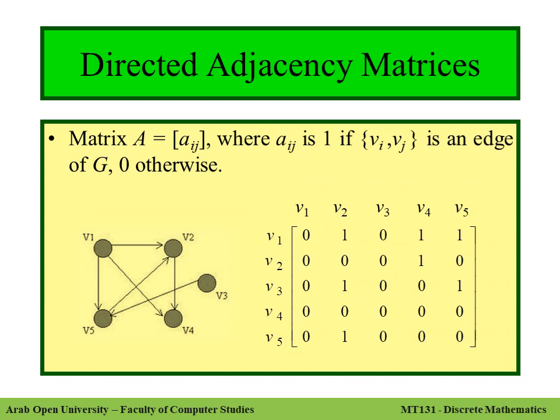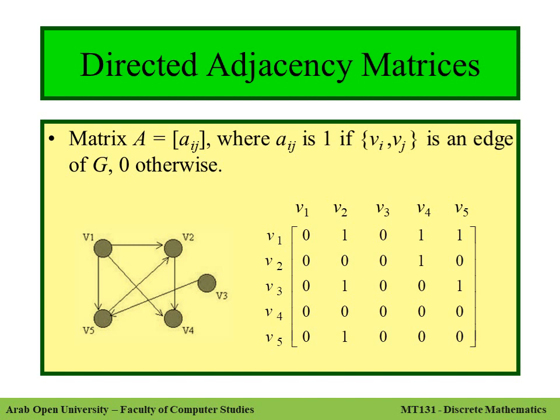Here is now an example of a directed graph. We said you could use matrices, of course, to represent directed graphs as well. This graph here is a directed graph. Of course, what you want to do is list the vertices in the row above the matrix and in the column in the correct order.